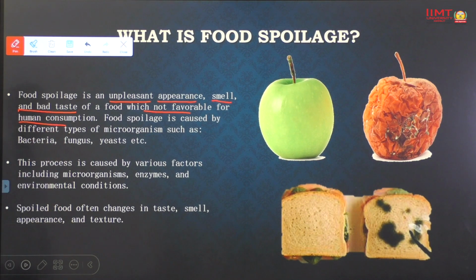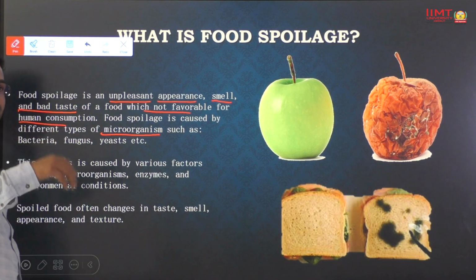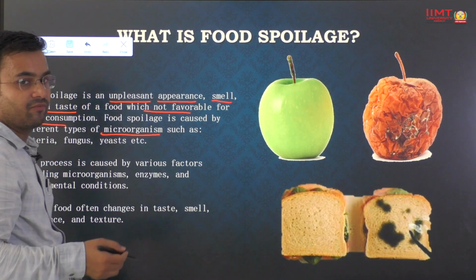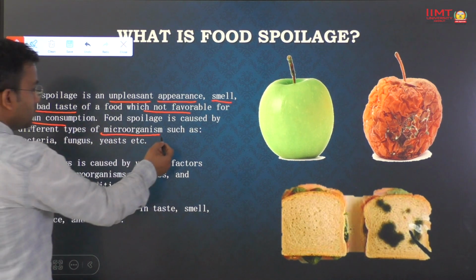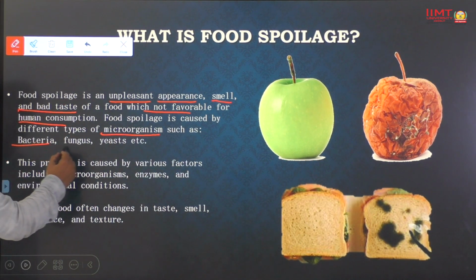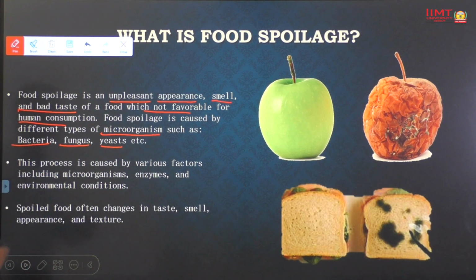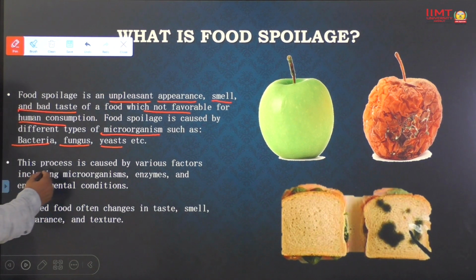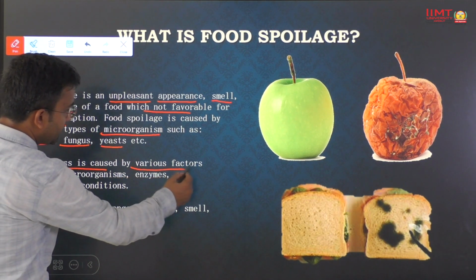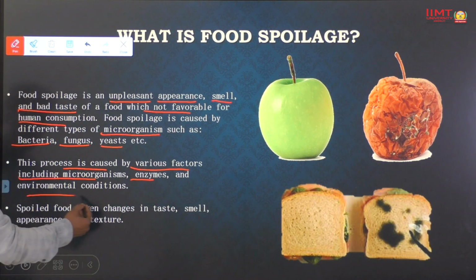Food spoilage is caused by different types of microorganisms, which we discussed in our previous lecture, such as bacteria, fungus and yeast. These are microorganisms which spoil our food products. The process is caused by various factors, including microorganisms, enzymes and environmental conditions.